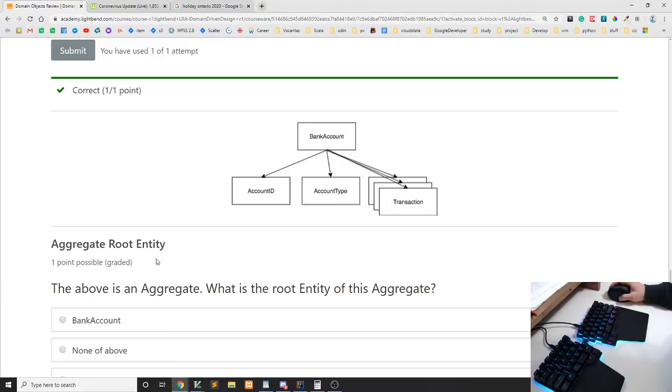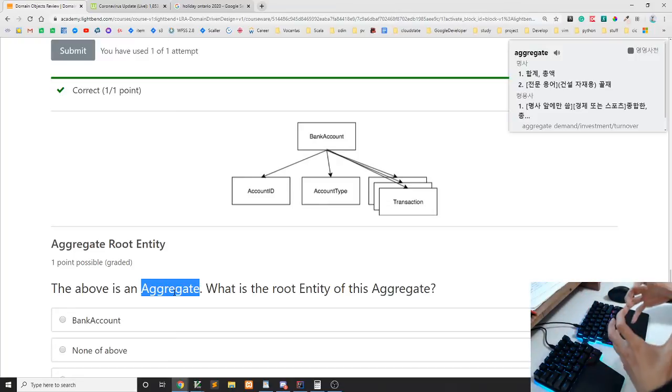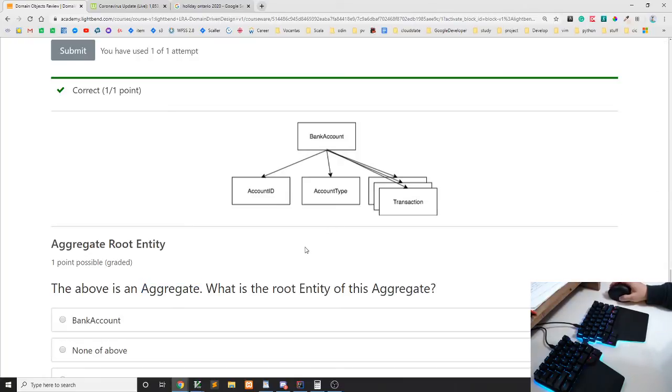Aggregate root entity. The above is an aggregate. Aggregate is just assembling. It's an aggregate.